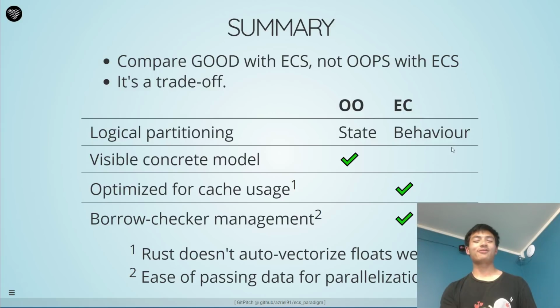I did not flesh it out, but you can see that normally you should compare good OOP, object-oriented design, with ECS, so not just object-oriented syntax. You can get good and bad design with ECS as well. The logical partitioning in OOP is by object state.